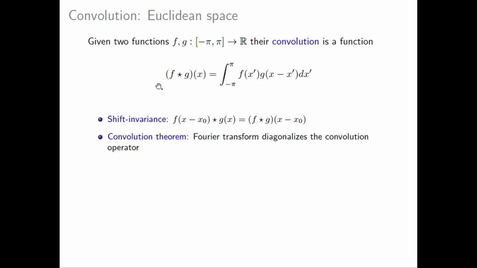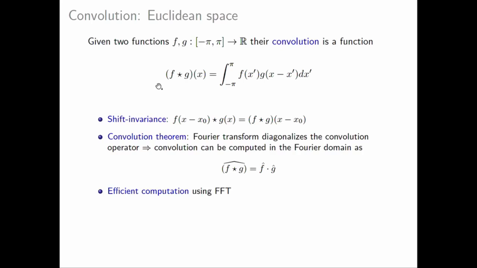Because of this property, the convolution operation is expressed as a diagonal operation in the Fourier domain. So what does it mean? It means that the Fourier transform of the convolution between these two functions is just a pointwise operation in the frequency domain.